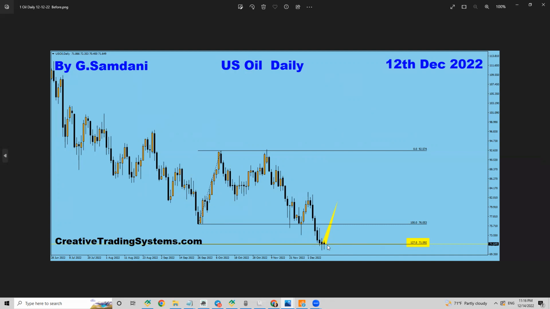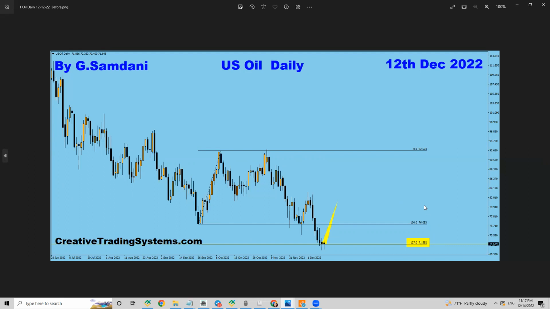Tweezer bottom, like two big wicks in the bottom, is very important. It's a good reversal two-candlestick formation, where usually the price reverses, especially if it is at an SNR level or any important Fib levels. So the two most important extension levels are 127 and 161%. First is 127, the second is 1.61.